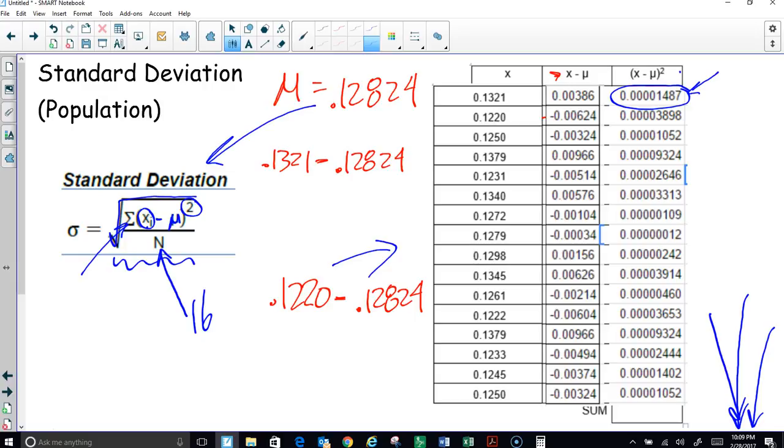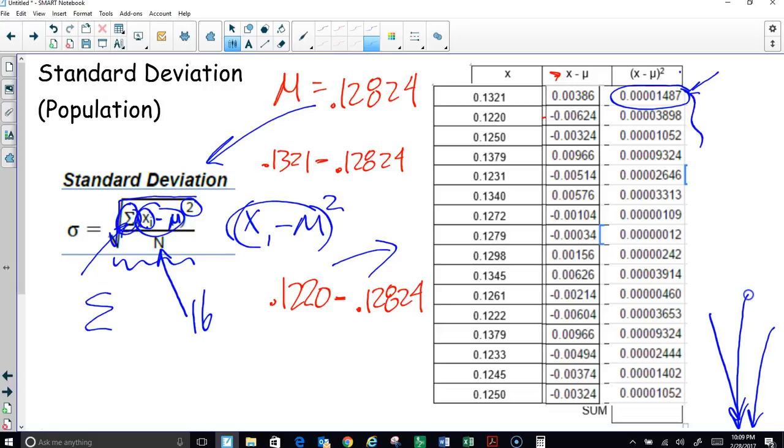Now, we're going to take all of these numbers. So let's go back to our equation. We have now done the xi minus mu, squared, for all of the numbers. Now we have to add them up. That's what the sum means.